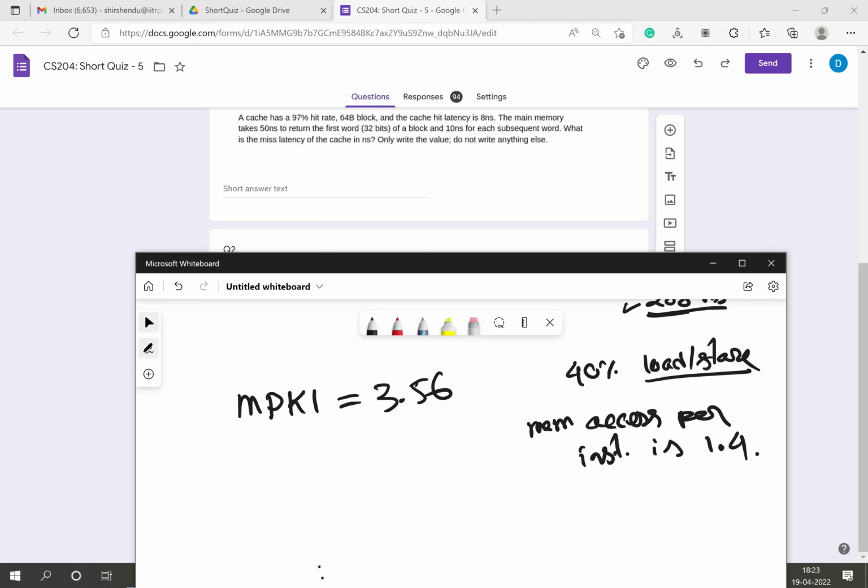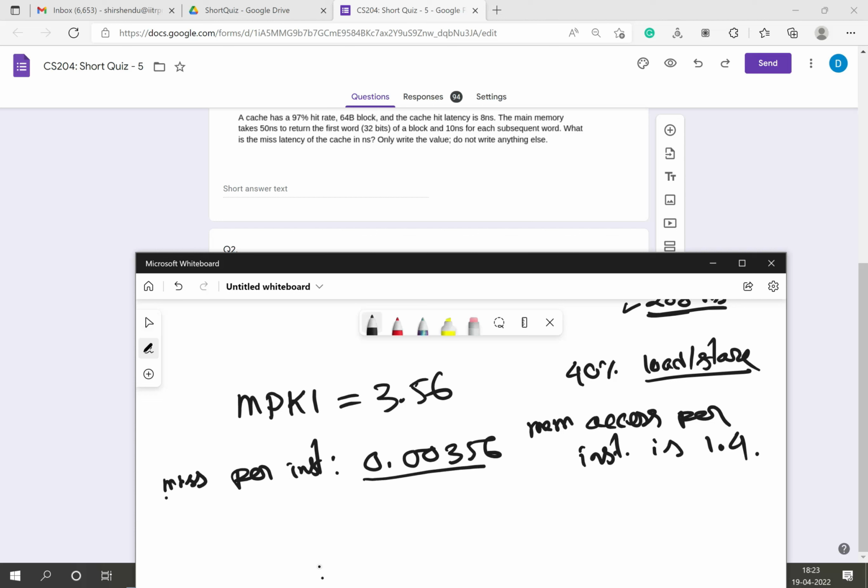Now MPKI is 3.56, so misses per instruction is 3.56 divided by 1000.